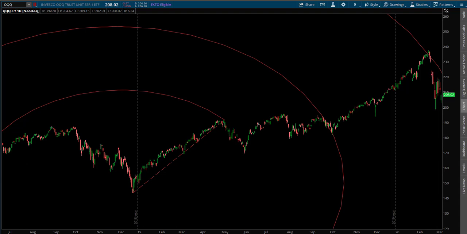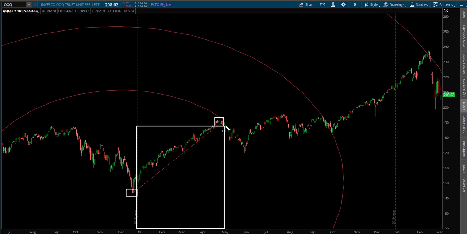Let me show you what I mean. This low here to that high there was a long period of time. That covered all the way back from the end of 2018 to May of 2019, so about 5 months.